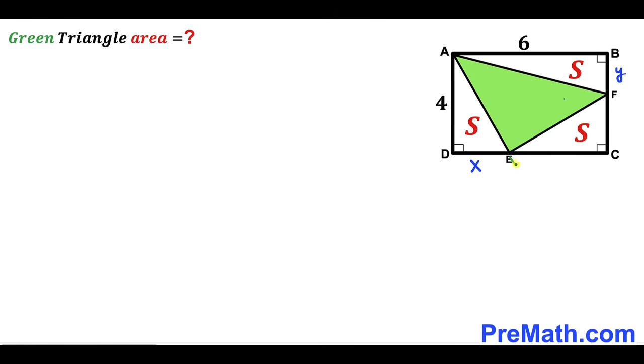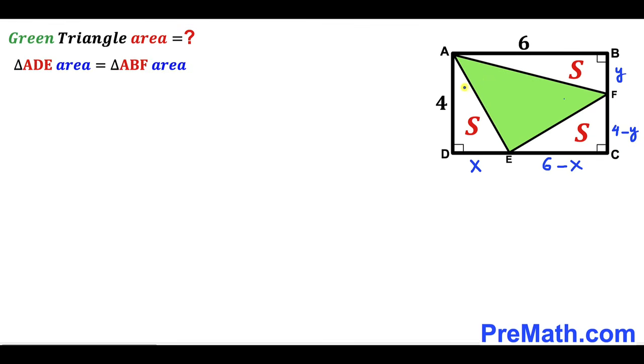So therefore this EC segment length is going to be 6 minus x, and bear in mind that x value is going to be between 0 and 6, and likewise this side BC length is 4 units. So therefore this FC segment length is going to be 4 minus y.